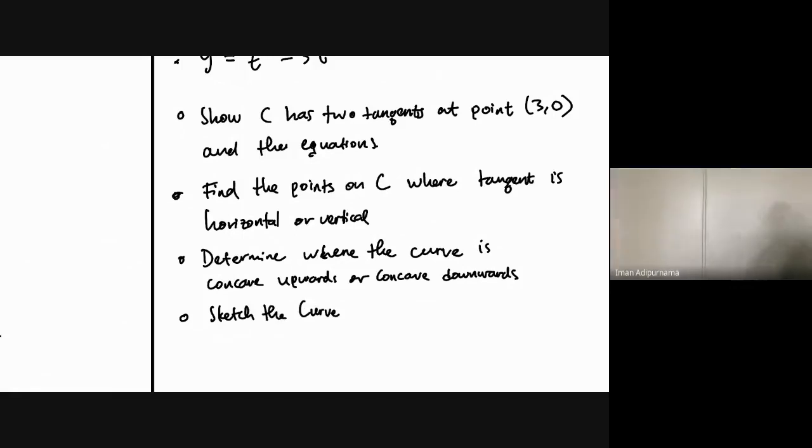So in this way, calculus also can help you to sketch the curve in parametric, by determining some essential keys, like the horizontal tangent, the vertical tangent. That's some essential key in parametric, because in parametric, the graph can be curvy, like it can be going in a circle.